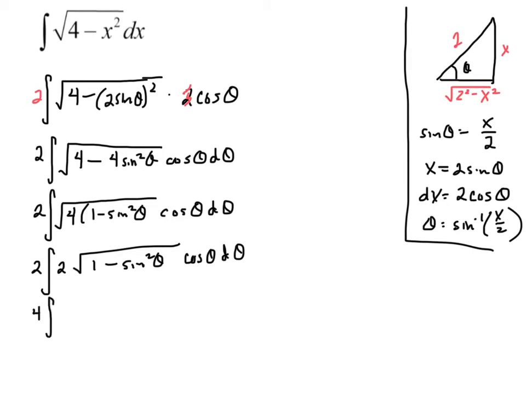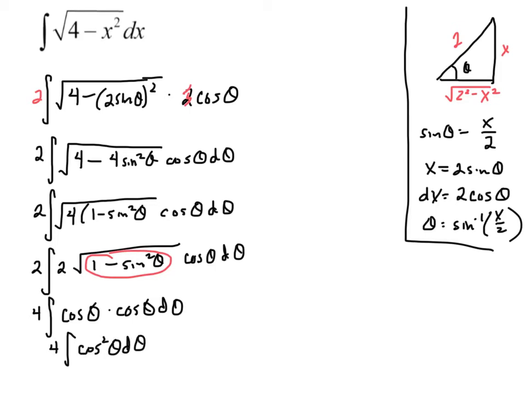Now, 1 minus sine squared is cosine squared. And the square root of cosine squared is cosine. So we end up with cosine times that cosine theta d theta, which of course is 4 times the integral of cosine squared theta d theta.